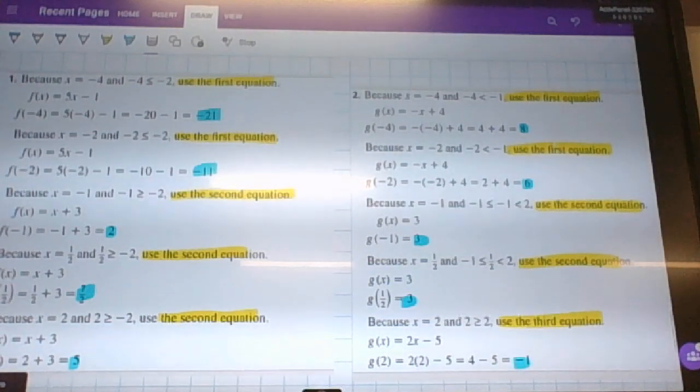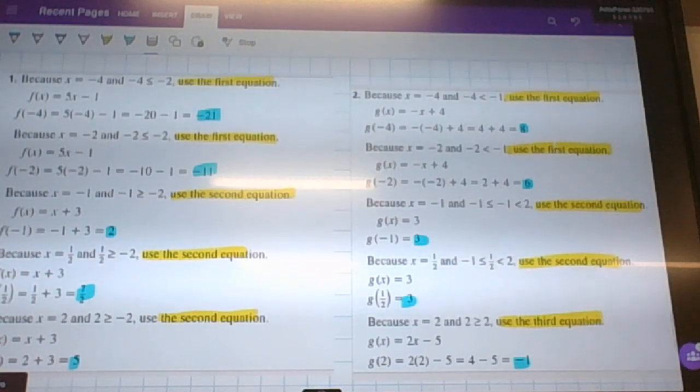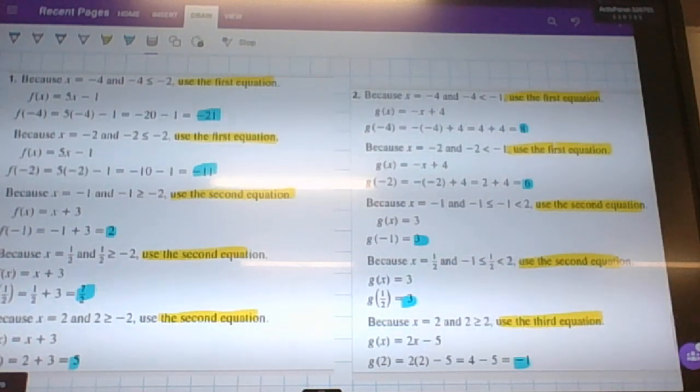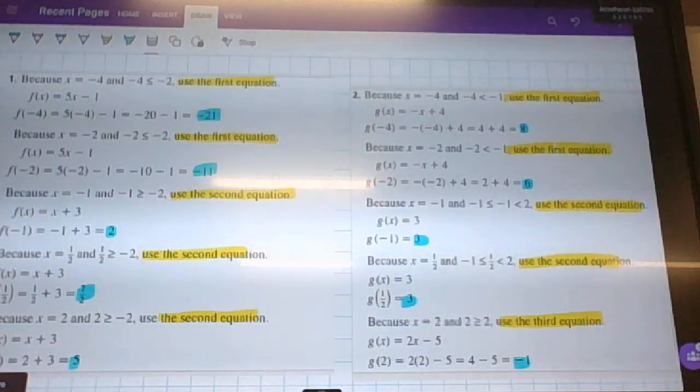Generally all of my answers will be improper, but as far as anything I grade by hand, you're more than welcome to use a mixed number. Sometimes mixed numbers make more sense.